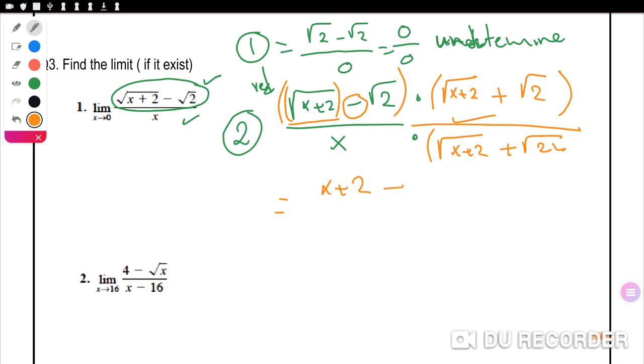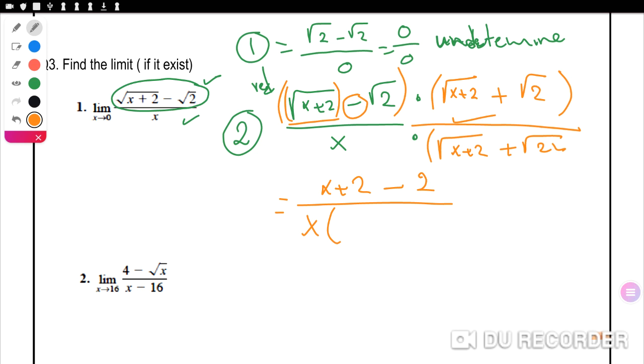Minus, the square of square root 2. Squaring this one, it will give you what under the root? Squaring the square root of any value gives you the value under the root. Here, by multiplying this one, it will be x.